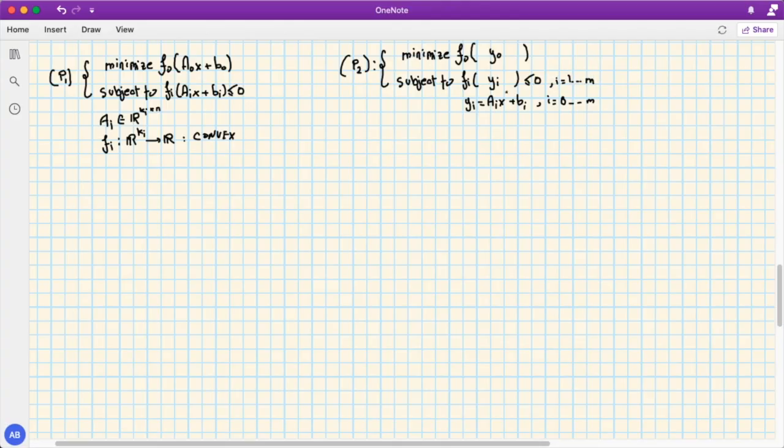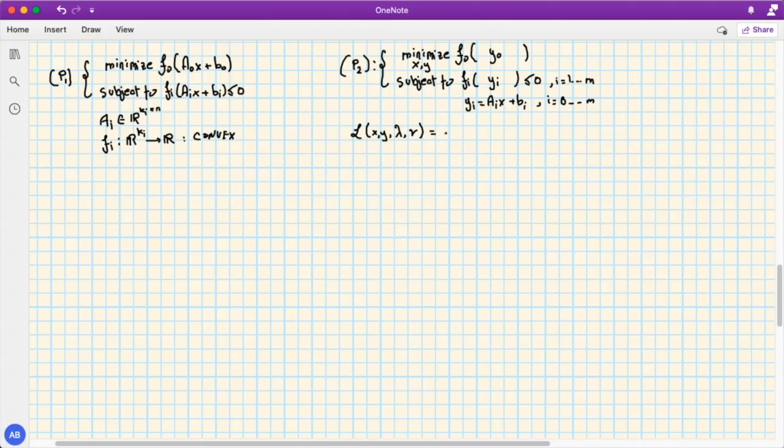Okay. Now the Lagrangian, if I write down the Lagrangian of P2, it is, now be careful, over here I'm minimizing with respect to x and y. Y contains y0 down to ym. So I've got x, y, lambda attached to the inequality constraints and nu to the equality constraints.